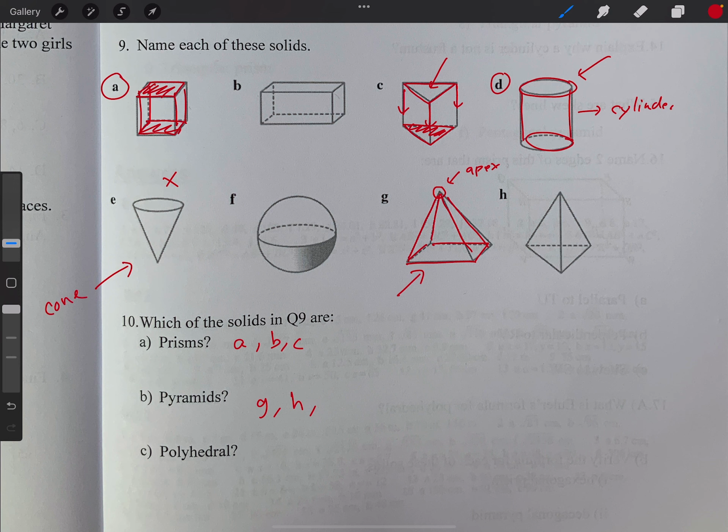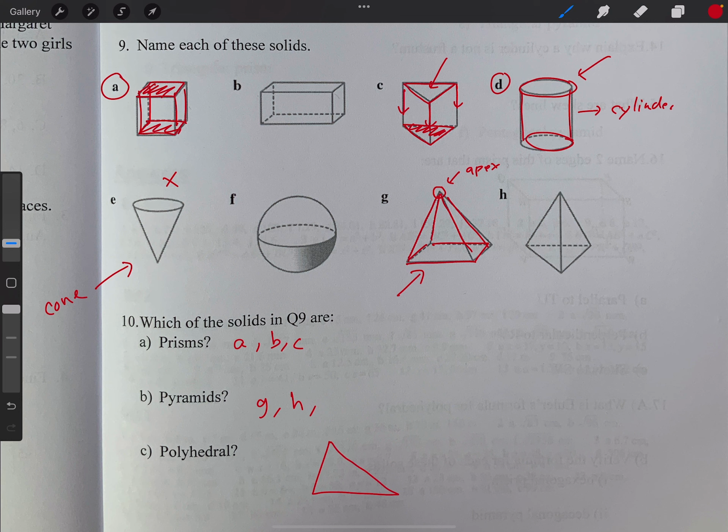Okay, now the question C, polyhedral. Polyhedrals are 3D shapes that are made of polygons. What's a polygon? A polygon is just any shape with straight lines connected and is closed. So that's a polygon. This is not a polygon. Okay, so if you have a closed shape and they're done using straight lines, then that's a polygon.